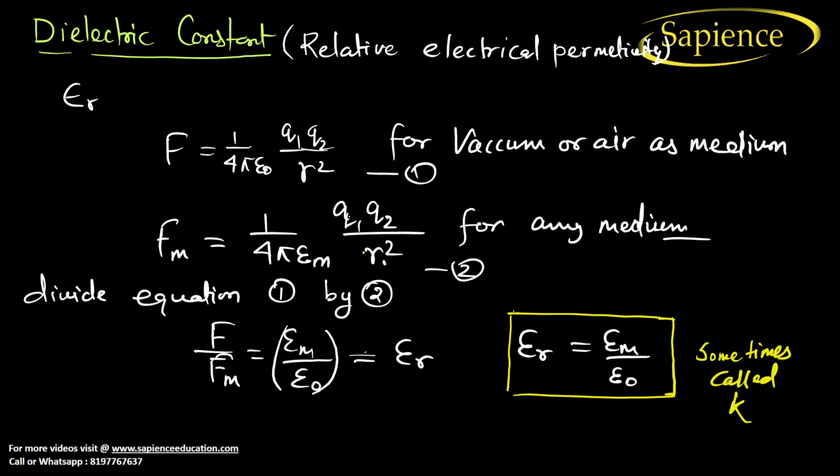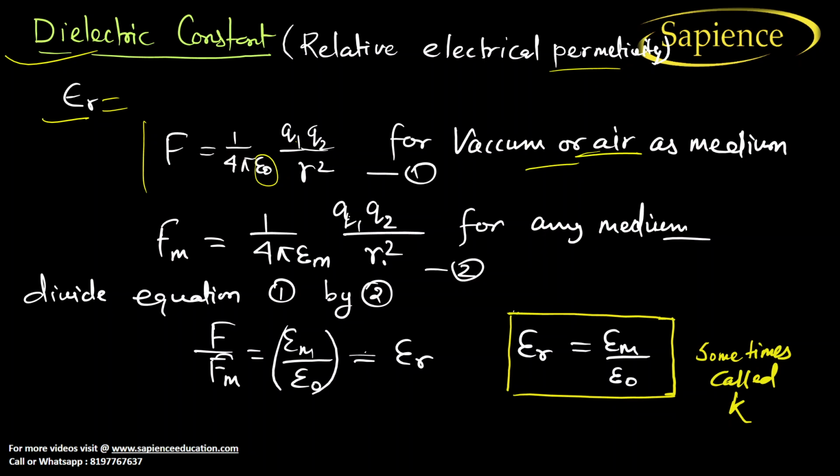Now one more important thing is the dielectric constant. What is the dielectric constant? Relative electrical permittivity. Let us consider epsilon r as the relative electrical permittivity. The force we have already done: force is equal to 1 by 4 pi epsilon into q1 q2 by r squared.